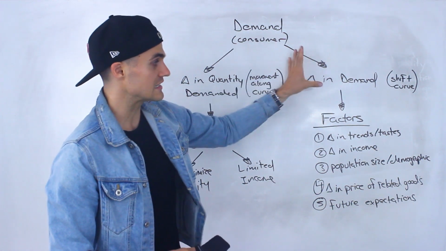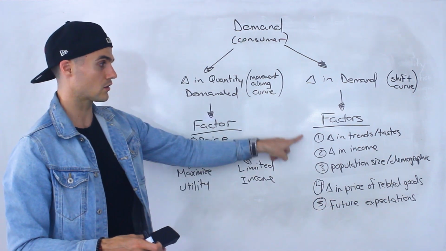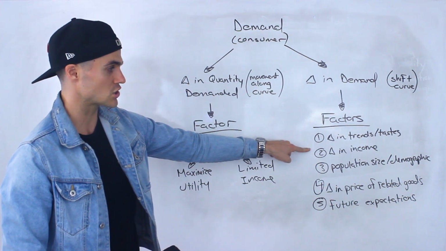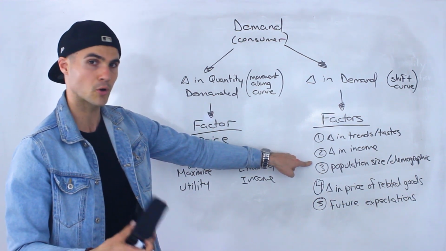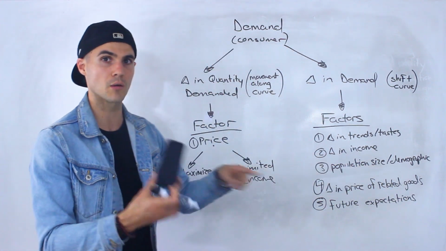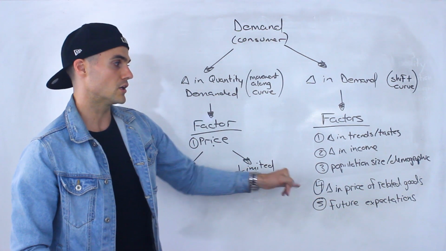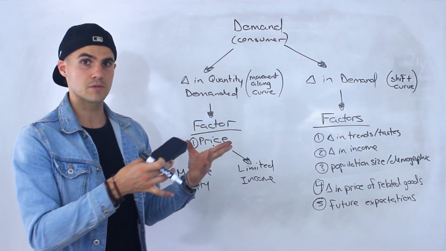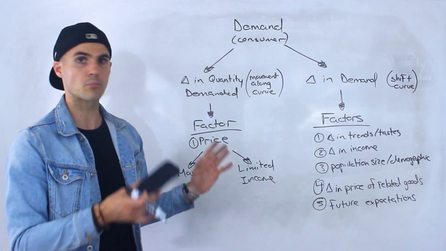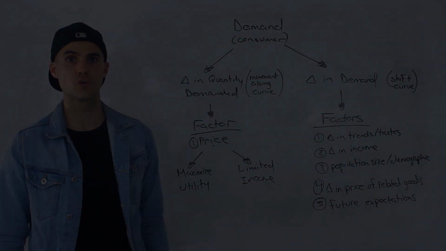And for shifting the entire curve, there were multiple factors. We talked about change in trends or taste, change in income, population size or demographic, which could also be the size of the market or the number of buyers in a market. Change in price of related goods, and we split that up into substitutes and complements, and then future expectations on the price of a good or service and the future expectations of your income.